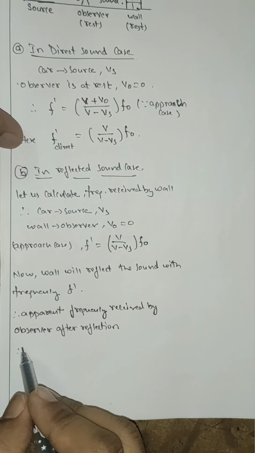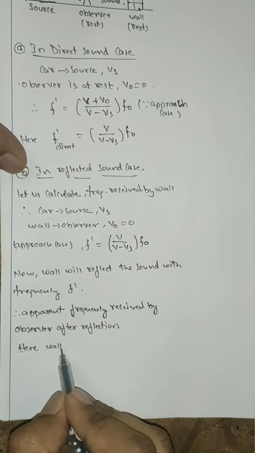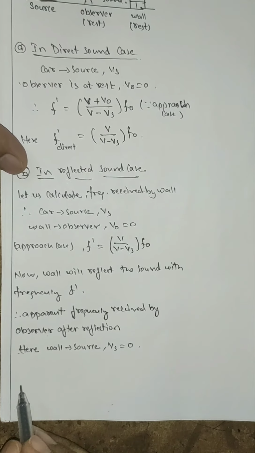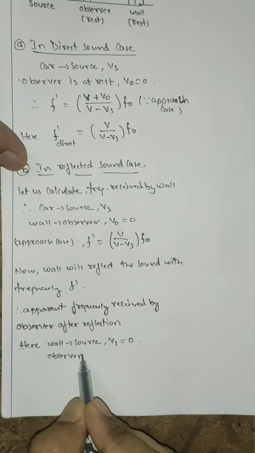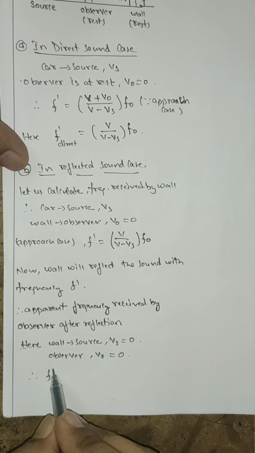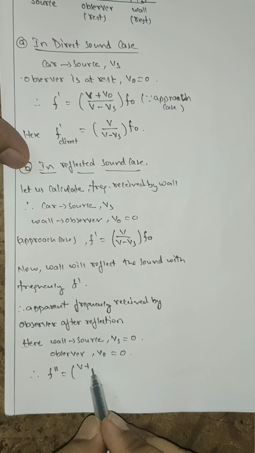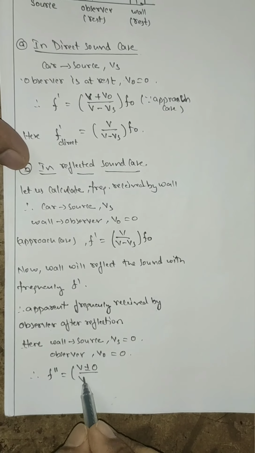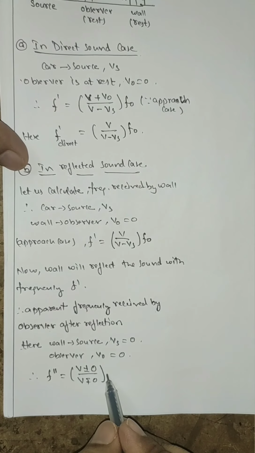In this case the wall will be the source which is at rest, meaning Vs is equal to 0, and the observer is also at rest, meaning V0 is equal to 0. So the apparent frequency received by the observer is equal to (V plus or minus V0), V0 being 0, by (V minus or plus Vs), Vs also being 0, into the actual frequency.